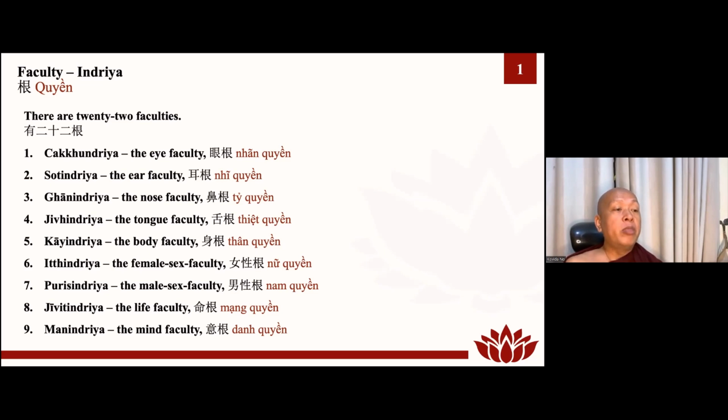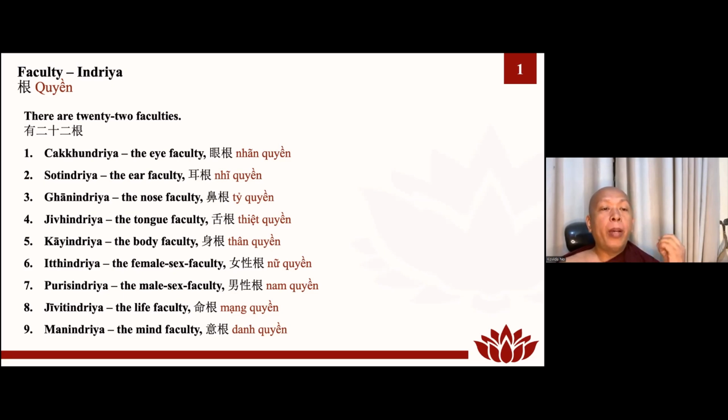Then again, we have 7 faculties, right? Chakkhu, Sota, Ghana, Jivha, Kaya, and now Itthindriya, Purisindriya. All these are Rupa. But the next, Jivitindriya, can be both mentality and materiality.